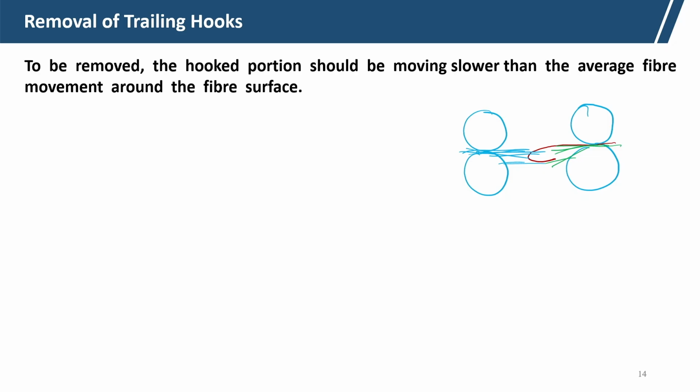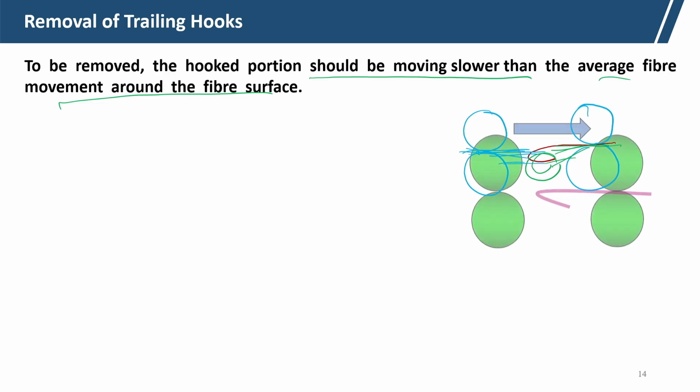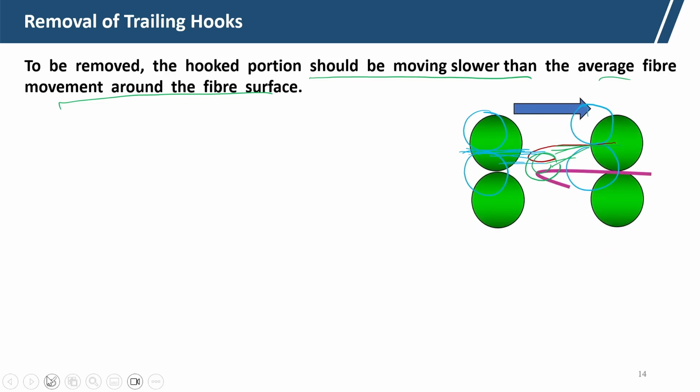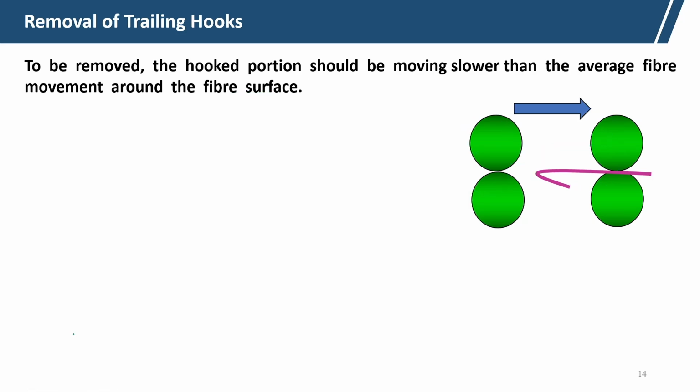Now, here to remove the trailing hook, this hook portion should be moving at a slower speed than the average movement of the fibers, okay, the average fiber movement around the fiber surface. So, this hook portion should move at the slower speed, because that will actually be pulled.